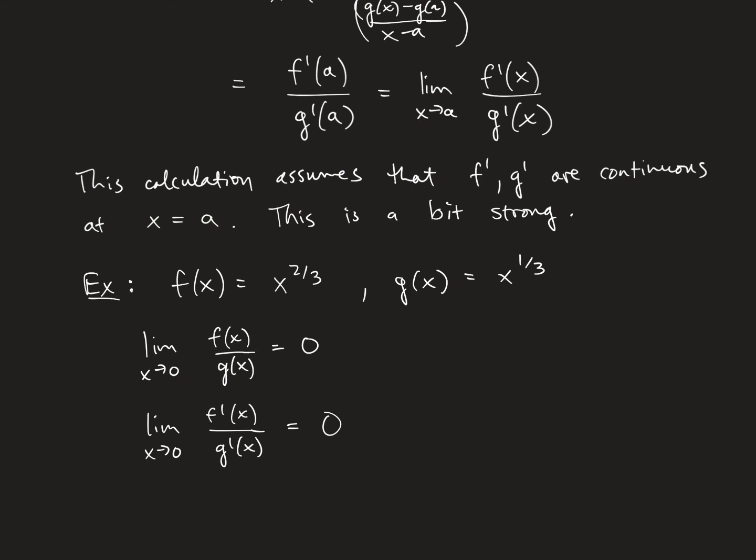Okay, so these are equal. So we have equality of these limits despite the fact that f prime and g prime are not even defined at 0.